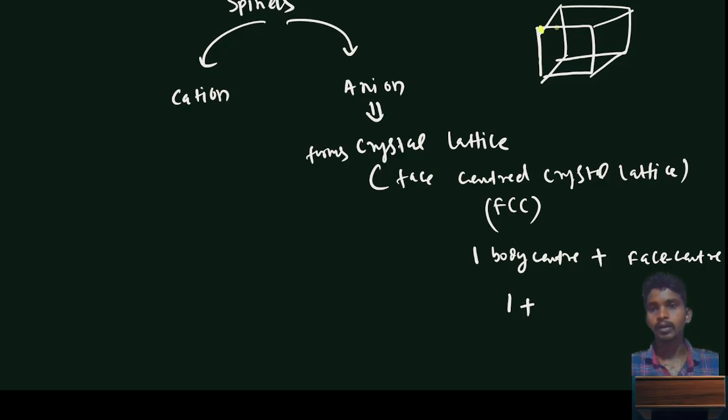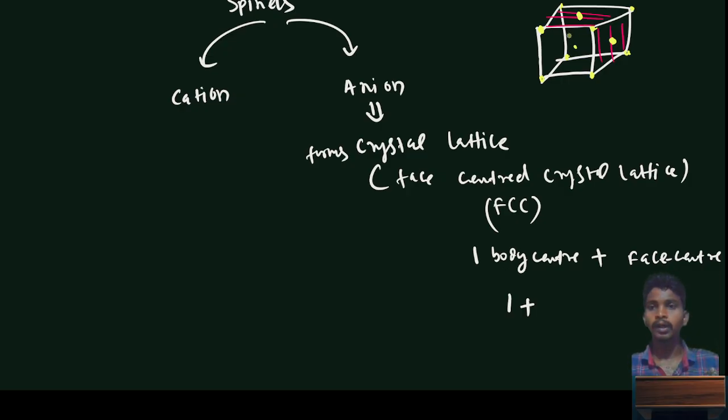How many are there? 1 2 3 4 5, these are the corners, and these are the face centers. Let's say these are the faces. In this face the center is 1, this center is 1 and this center is 1.